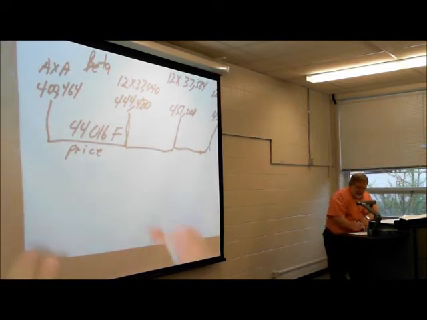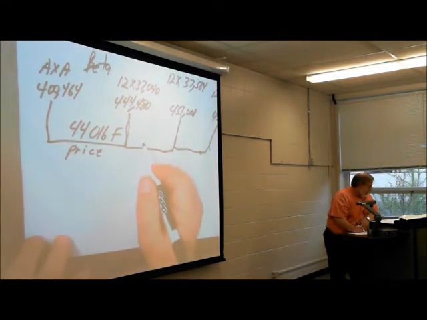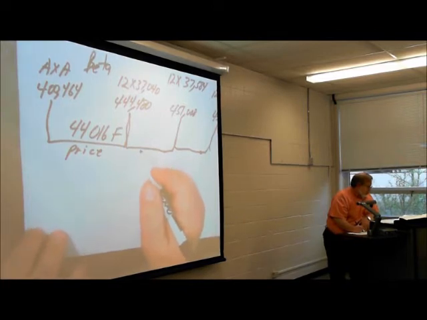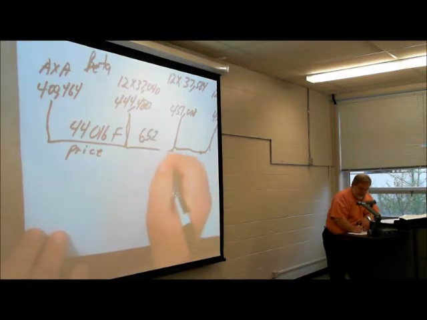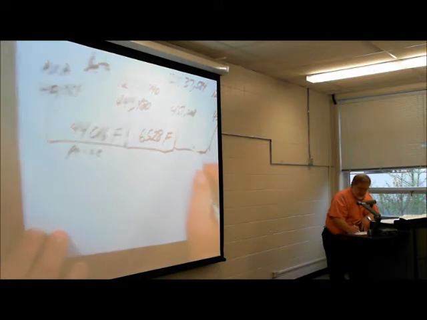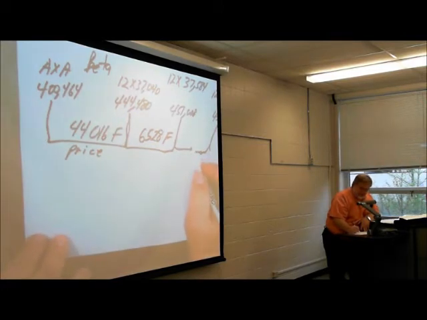Okay, so what is our mix variance here? That is 6,528. Favorable. What's yield? 19,008.